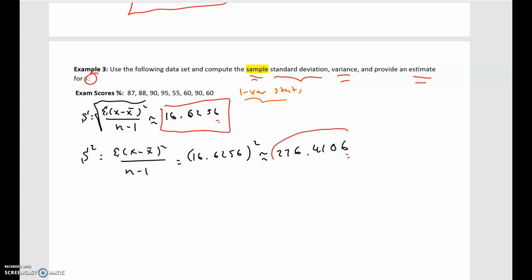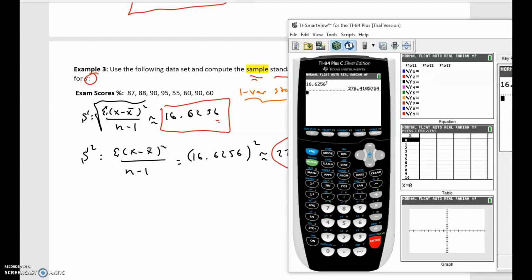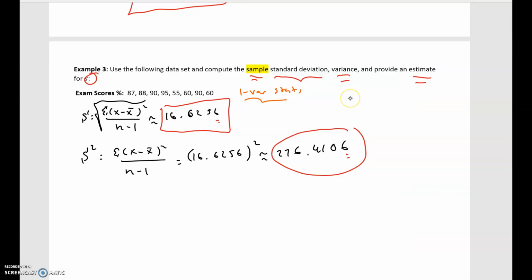Make sure you follow directions on the homework. They're very picky on how exactly they want it. So 0.4106, that would be rounding to 4 decimal places. So that is our main calculation for the standard deviation and the variance.